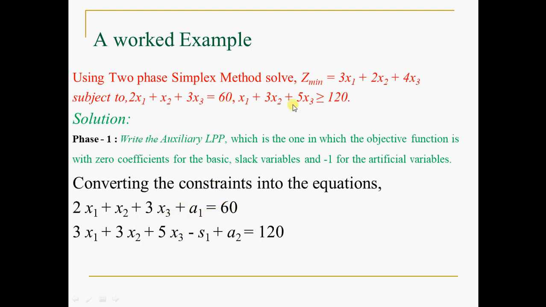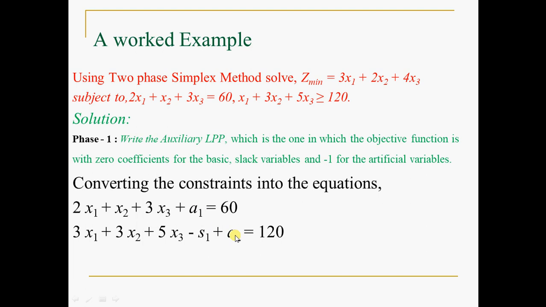Now it is greater than or equal to 120. When something is greater than, to convert it into an equation, something is to be subtracted, hence minus s1. What is this s1? Surplus variable. Once you subtract something, you have to add an artificial variable to maintain the identity. So x1 plus 3x2 plus 5x3 minus s1 plus a2 equals 120.